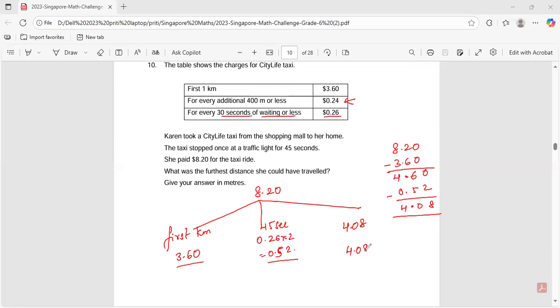So we do 4.08 divided by 400 because it was charged for every 400 meters.